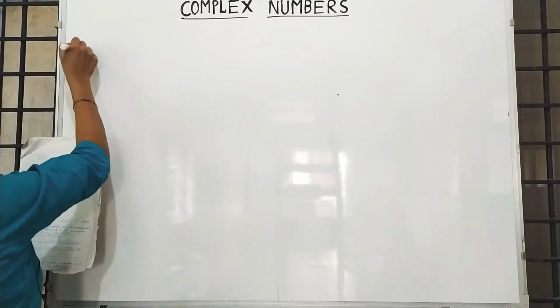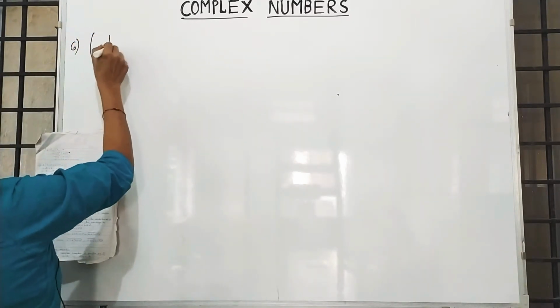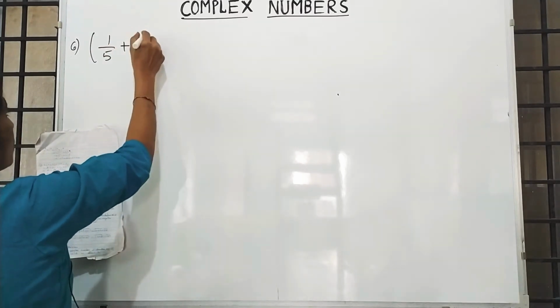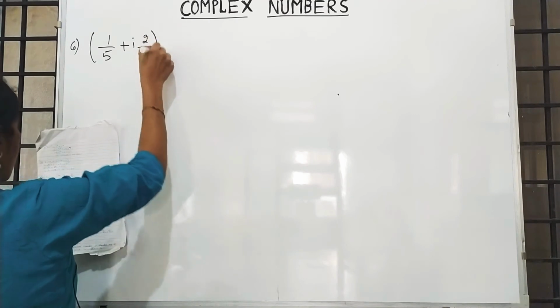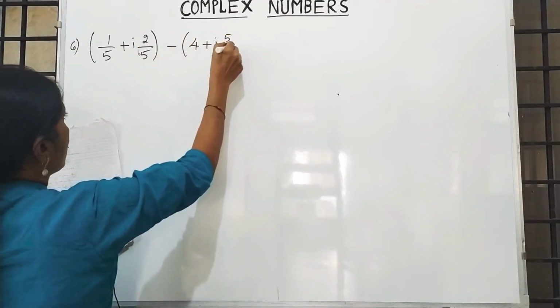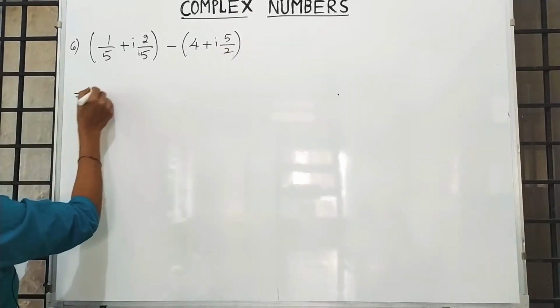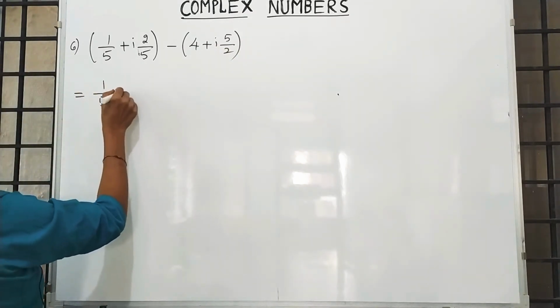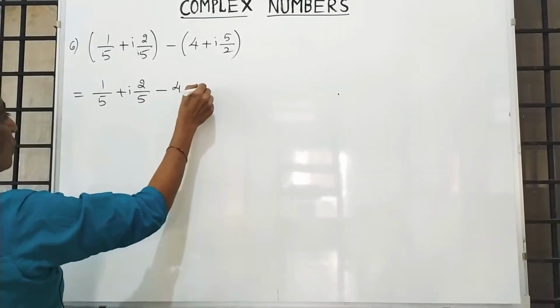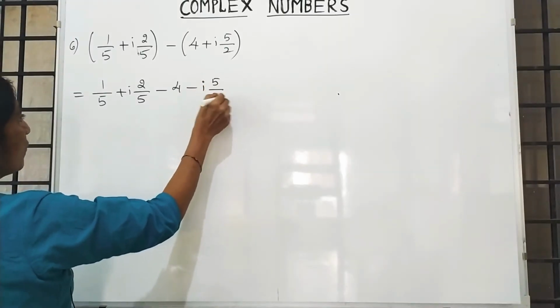Sixth question: 1 upon 5 plus i into 2 upon 5 minus 4 plus i into 5 upon 2. Remove the bracket: 1 by 5 plus i 2 by 5 minus 4 minus i 5 by 2.